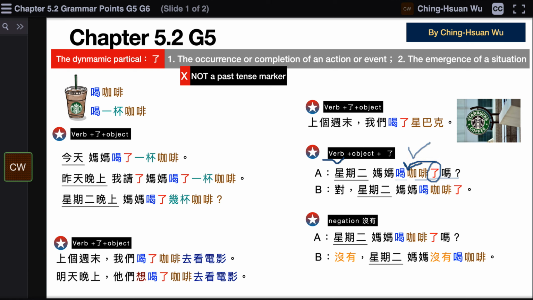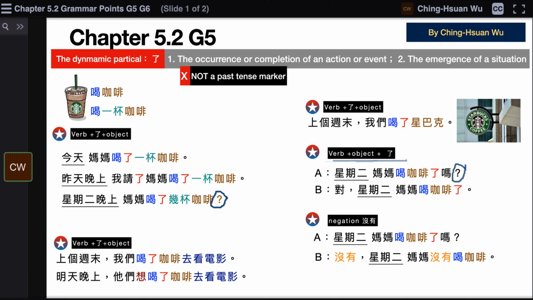As you can see the structure here, 了 is moved from this place to the end of your verb and object. This happens when you are asking a yes or no question. So it is in a question form, and it is a yes or no question.